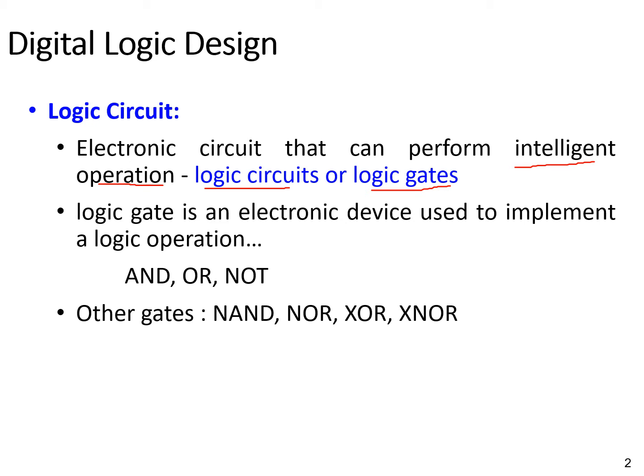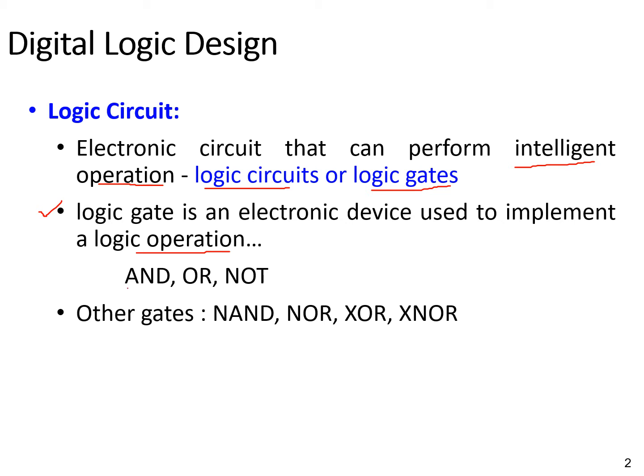Now specifically, what is meant by a logic gate? A logic gate is an electronic device used to implement a logic operation. As I mentioned, by a logic operation we mean an intelligent operation. Shortly I will tell you what is meant by an intelligent operation or a logic operation.